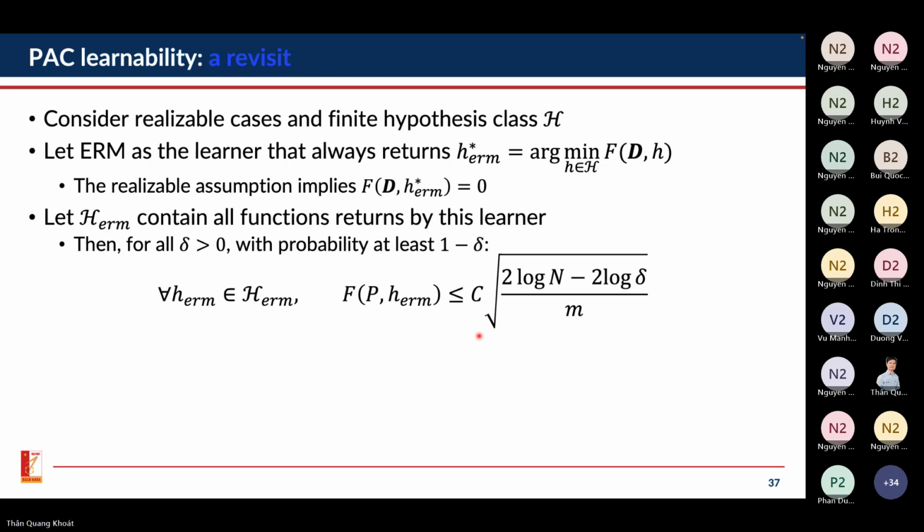Okay? We can estimate the test error for any member or any model by the ERM algorithm. And the test error is upper bounded by this quantity. Okay? Very simple, right?